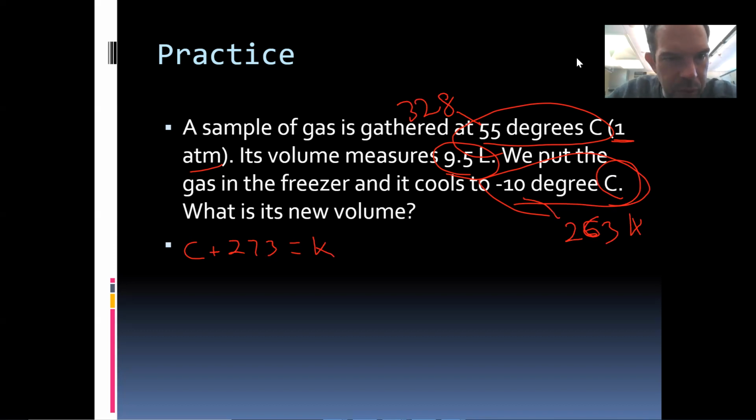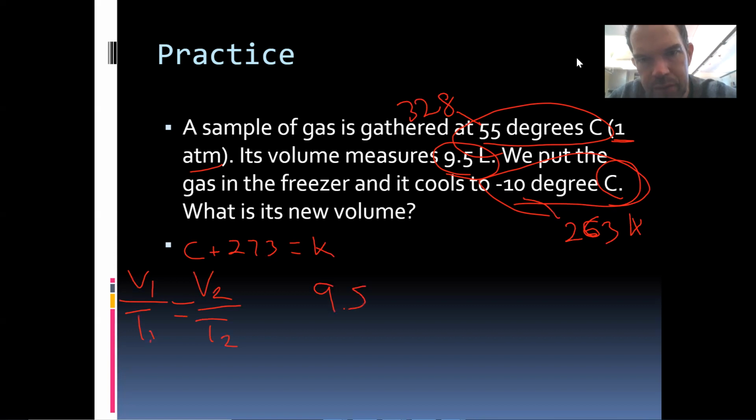And remember, we're doing V1 over T1 equals V2 over T2. So the original volume is 9.5, and it goes over our original temperature, which is 328.